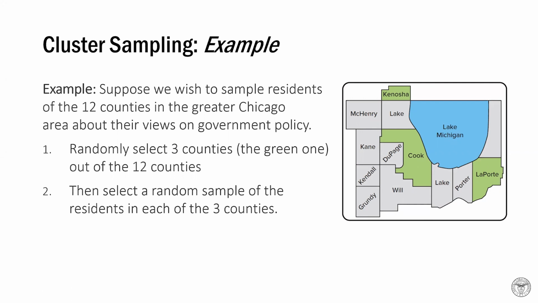Instead, let the counties serve as the primary unit and select a random sample of the counties. For example, randomly select 3 counties, the green ones, out of the 12 counties. And then in each of the selected counties, we select residents using simple random sampling. This is a combination of cluster sampling and simple random sampling.